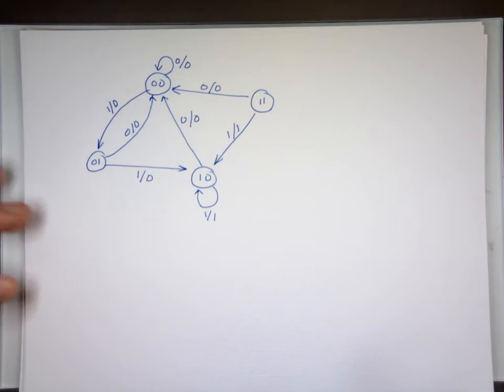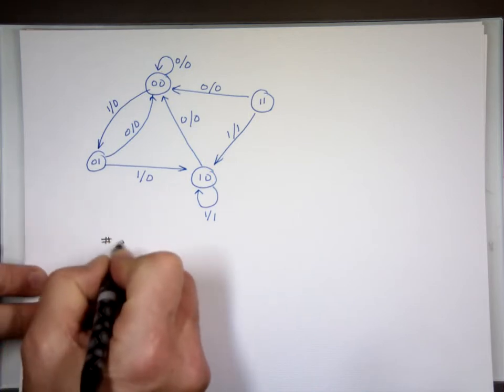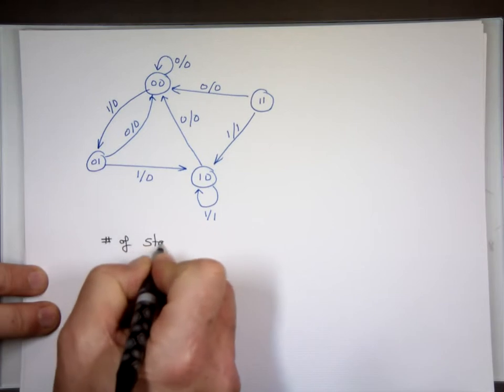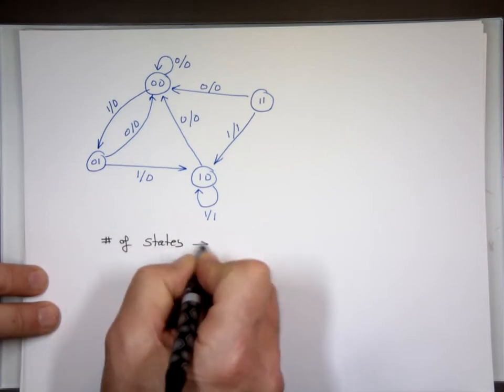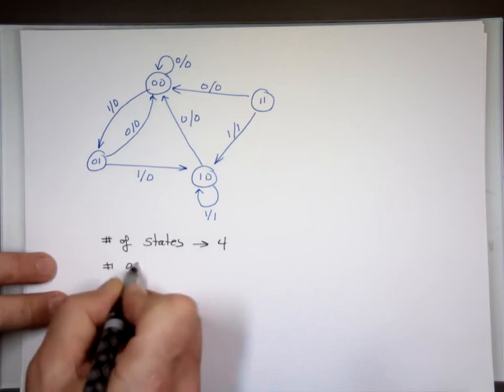So the first thing, I'll wait till you finish writing, is we need to know how many states we have. Don't we have 4 of them? So what's the number of flip-flops? How many flip-flops are we going to use?